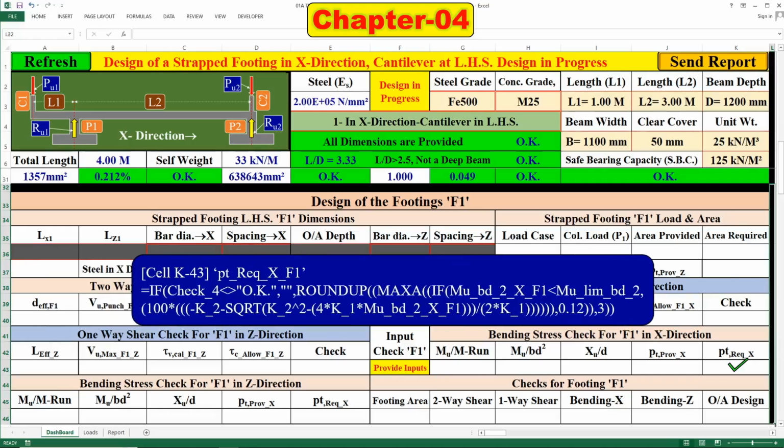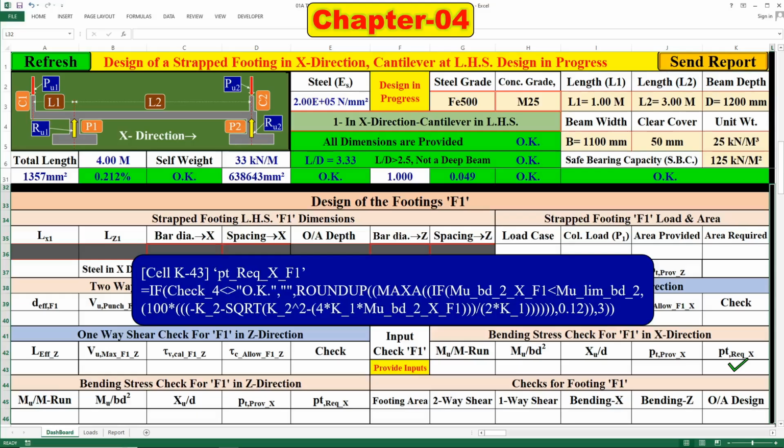Next is the formula for the required percentage of steel to counter the bending stress in cell K43. The defined name of the cell is PT_REQ_X_F1. In this formula, Excel will first check _4, if it does not find _4 equal to OK, this cell will remain blank.